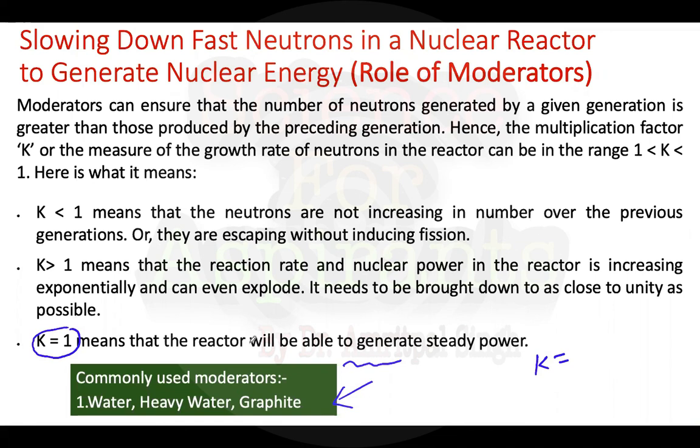For example, if I am shooting 100 neutrons which interact with this uranium, and for one reaction 300 neutrons are formed after the first stage, but I control those 200 extra neutrons and send only 100 neutrons to the second phase where they interact with this uranium. So K is the number of neutrons interacting over the total number of neutrons formed. When K is equal to 1, we can say this is our controlled chain reaction.